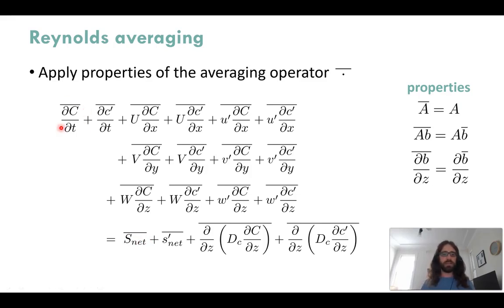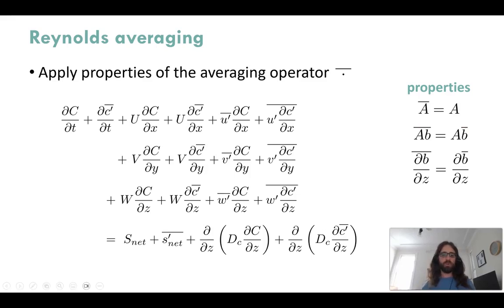Similarly, you can take this first derivative, the change of the mean in time, bring the average within the derivative using our third rule, and then apply the first rule such that, as with the S net term, this averaging operator doesn't actually change what's inside of it. The main thing that you're going to see as I jump forward one step is that most of these averaging operators are only going to remain over the fluctuating component of the flow, due primarily to this first and second rule that we already saw.